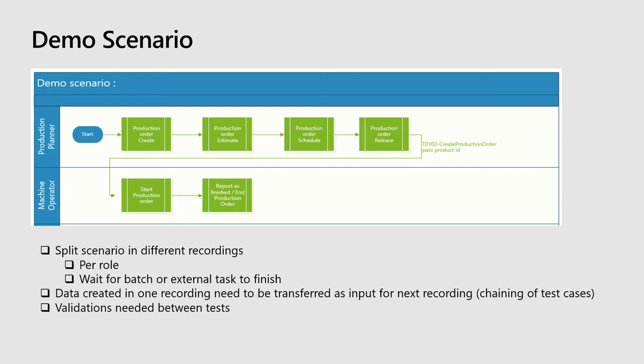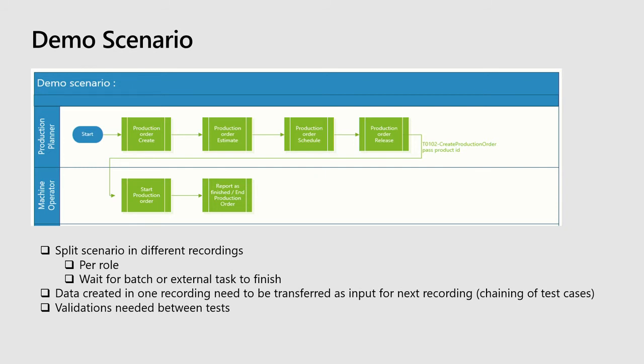But the good news is that you can create data in one recording and pass it to the next recording. It's called chaining of test cases. So we could create that production order and then pass the ID to the estimate test case, and the estimate one would not have the ID in the recording.